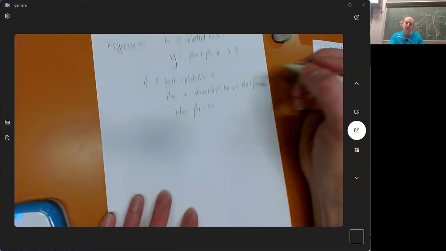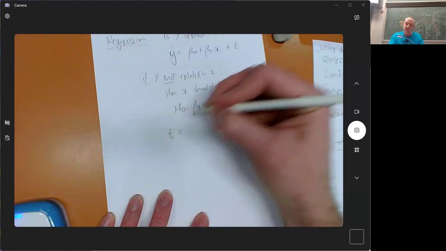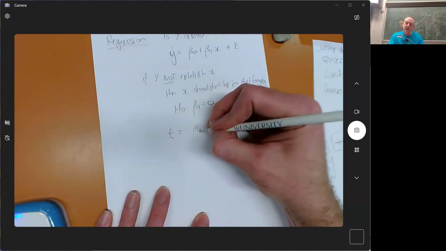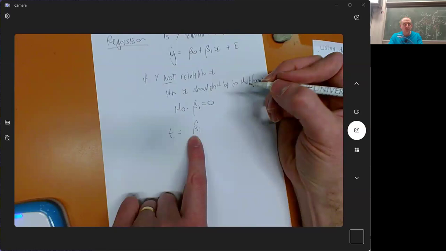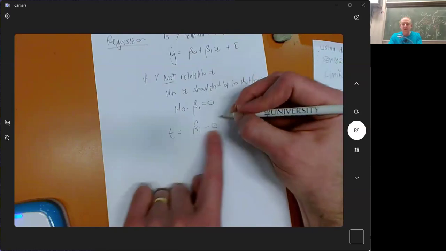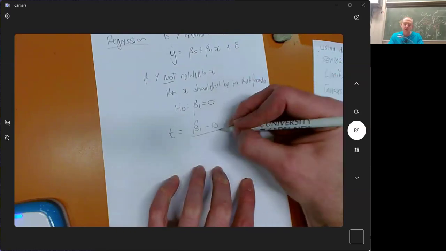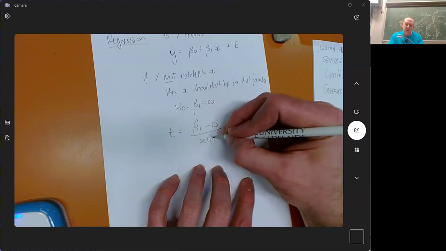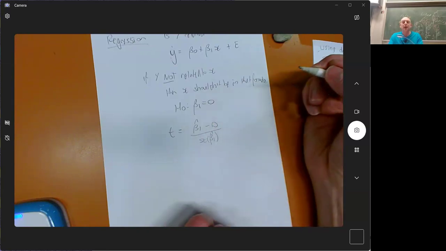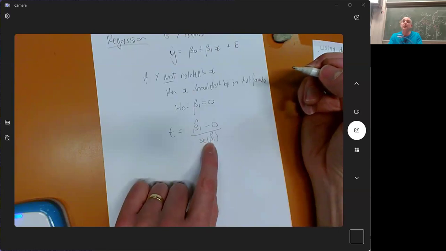And so the test statistic is the sample value of beta 1 minus the hypothesized value of beta 1, over the standard error of beta 1 hat. And this you look up in the table in the regression output.